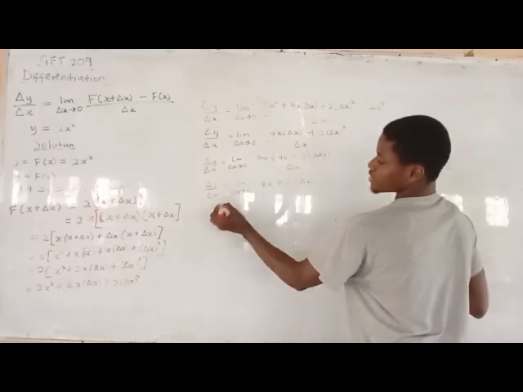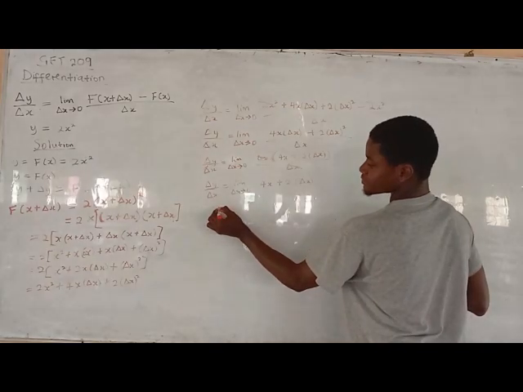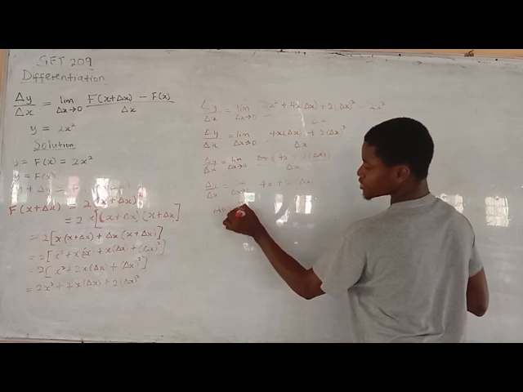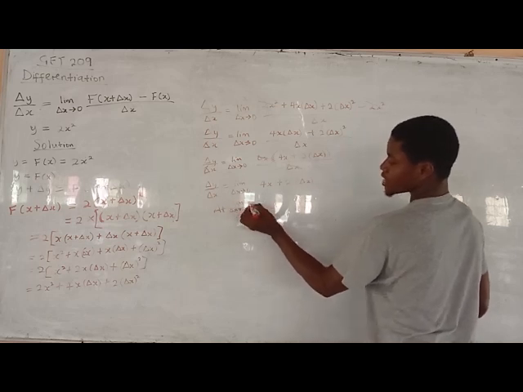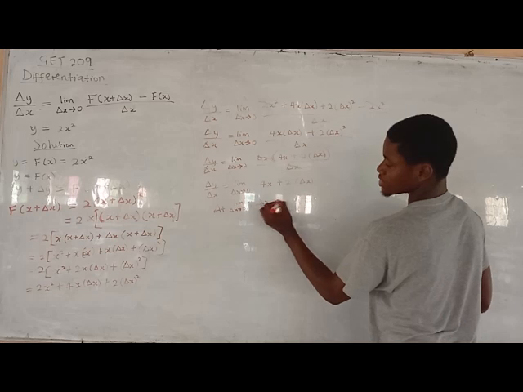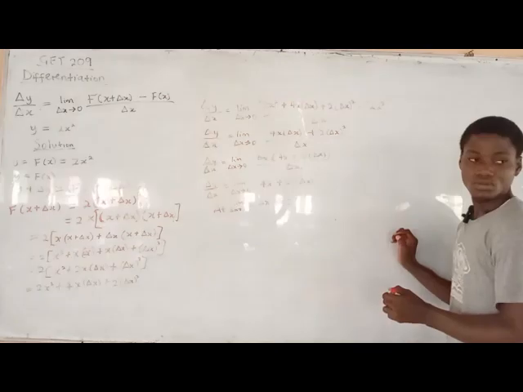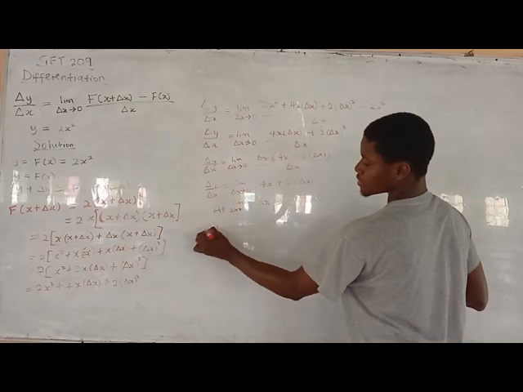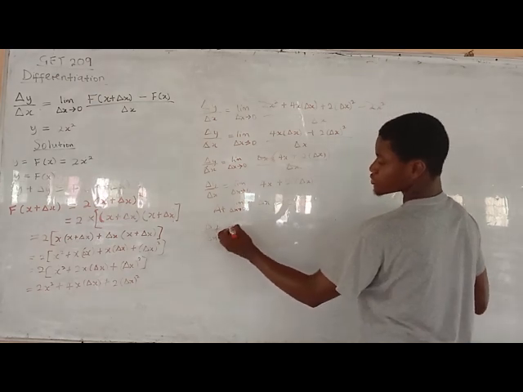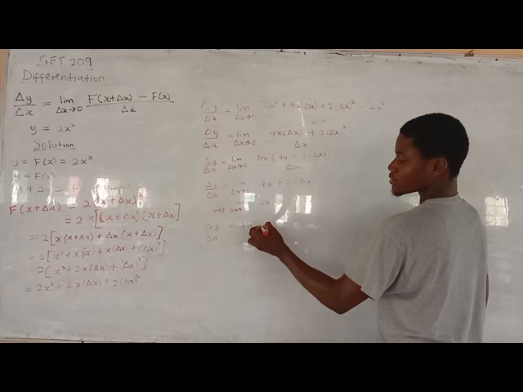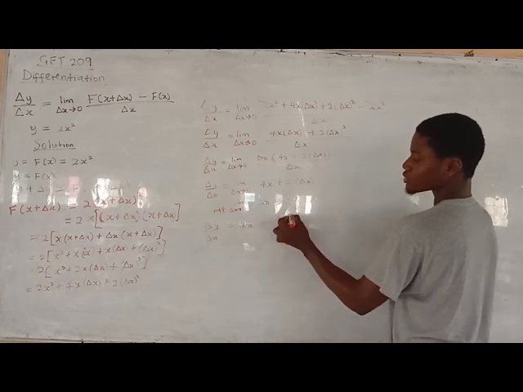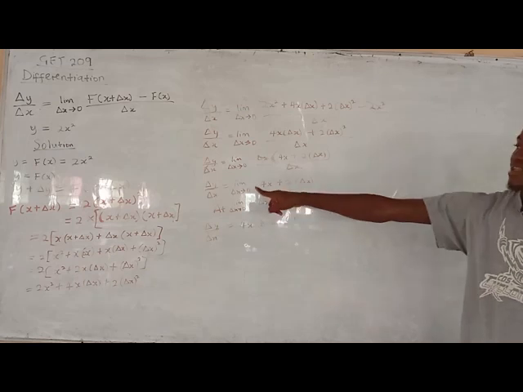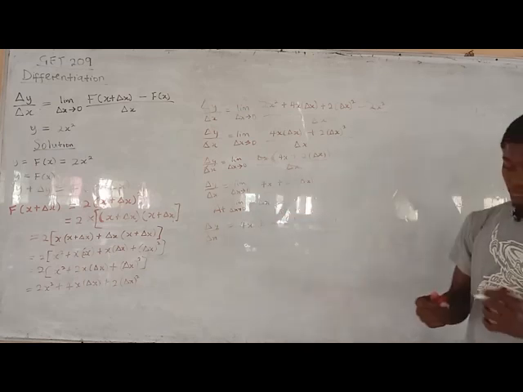But we know that at limit change in x approaching 0, change in x equals 0. So if change in x equals 0, it means that change in y over change in x equals 4x plus 2 times what? 0. Why? Because change in x equals 0, this is a condition.